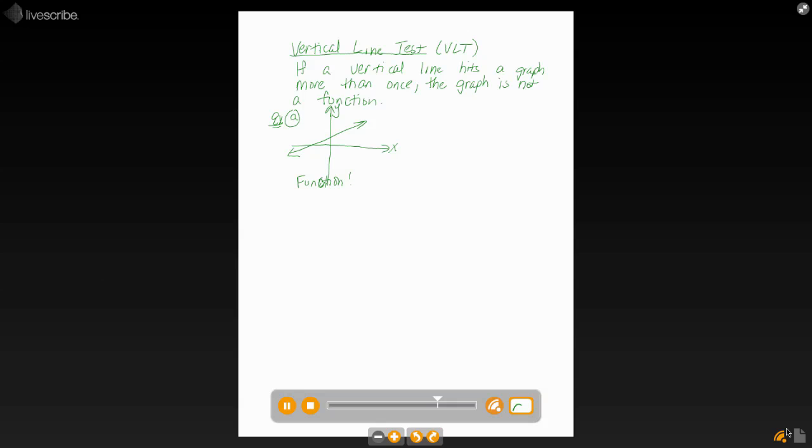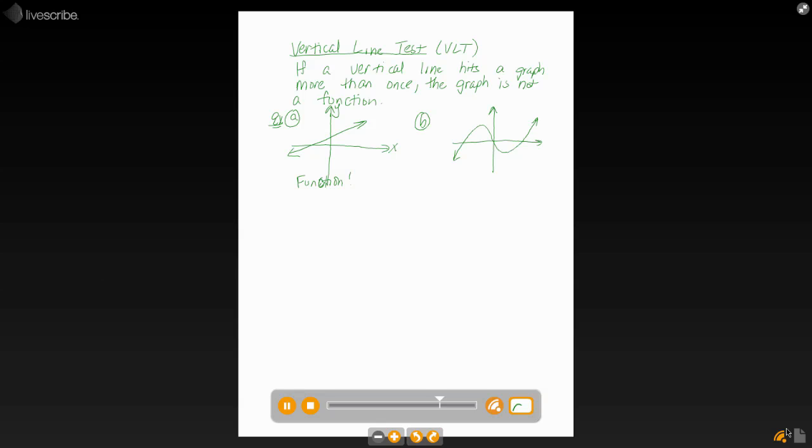Okay, let's call that A. B, let's try, here's my next one. There's my graph. I'm going to run my vertical line test across that graph. How many times is it hitting the graph? Once, right?